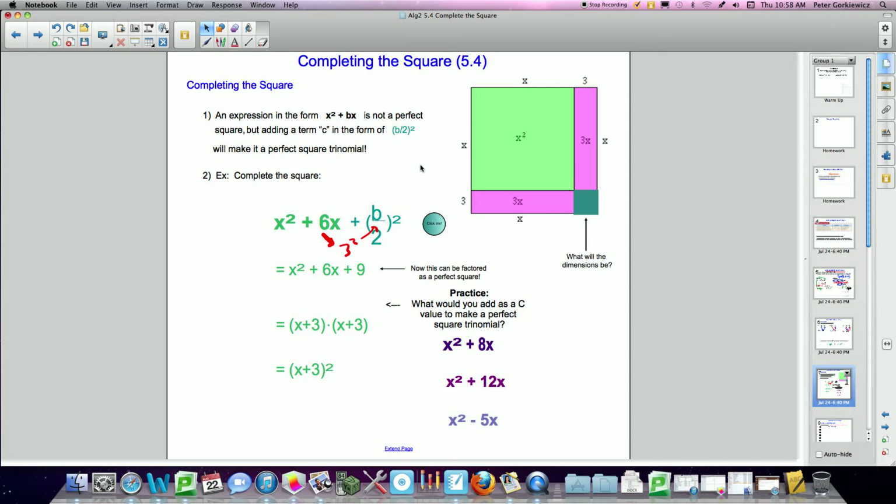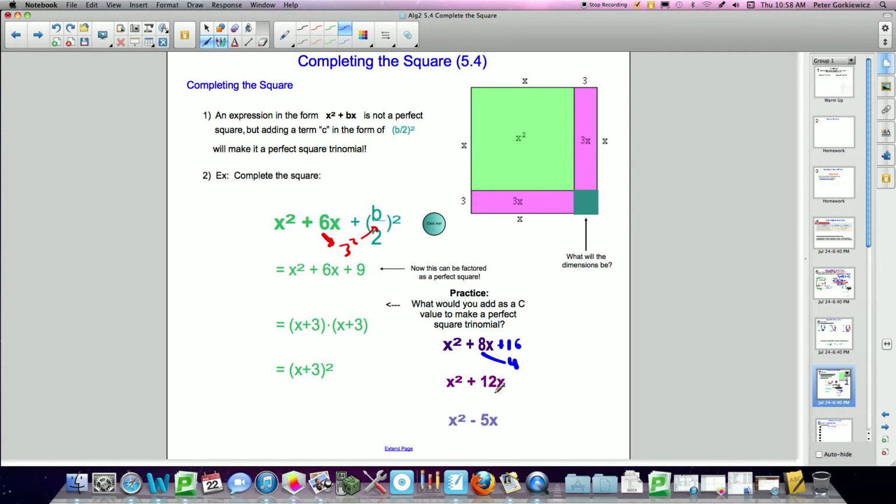So here's a little practice. I want you to think about what you can add to each of these to make a perfect square trinomial. You can pause me, or you can just follow along. We're going to take half of this, which would be 4, and then we would square it, which would be 16, right?